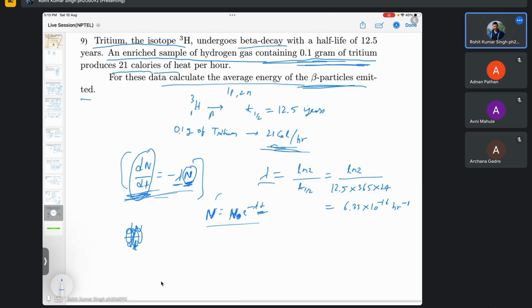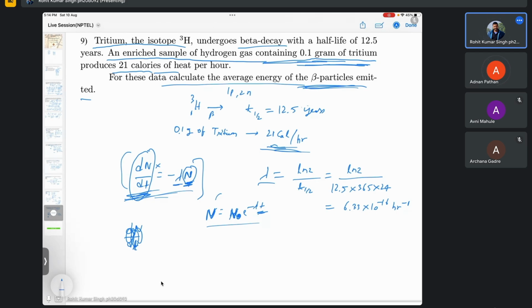So do we have to use dN by dt as the main thing? Because the heat being produced is dN by dt times the heat being carried by each beta particle, right?